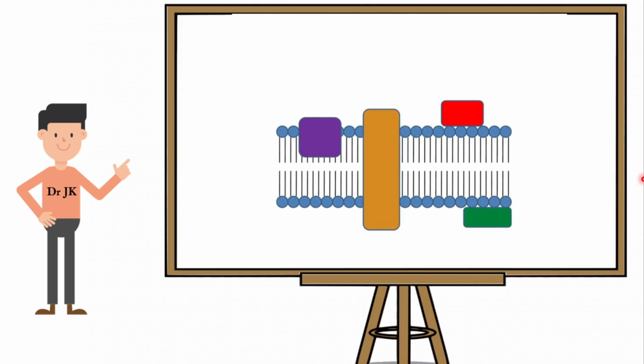So what are the types of proteins that are present, which we saw earlier? The first one is integral proteins. Integral proteins transfuse the cell membrane. They either pass halfway or three-quarters of the cell membrane, or some proteins transfuse the entirety of the cell membrane.